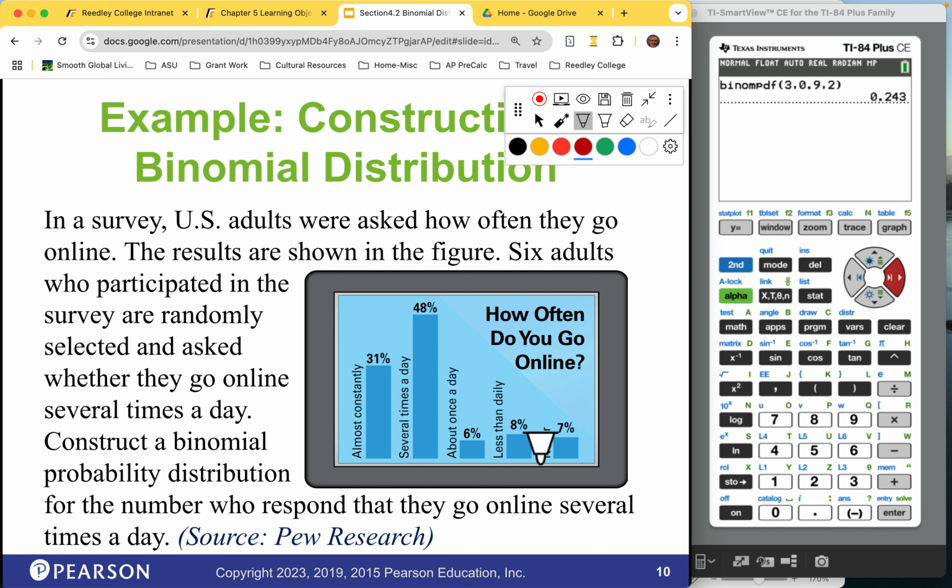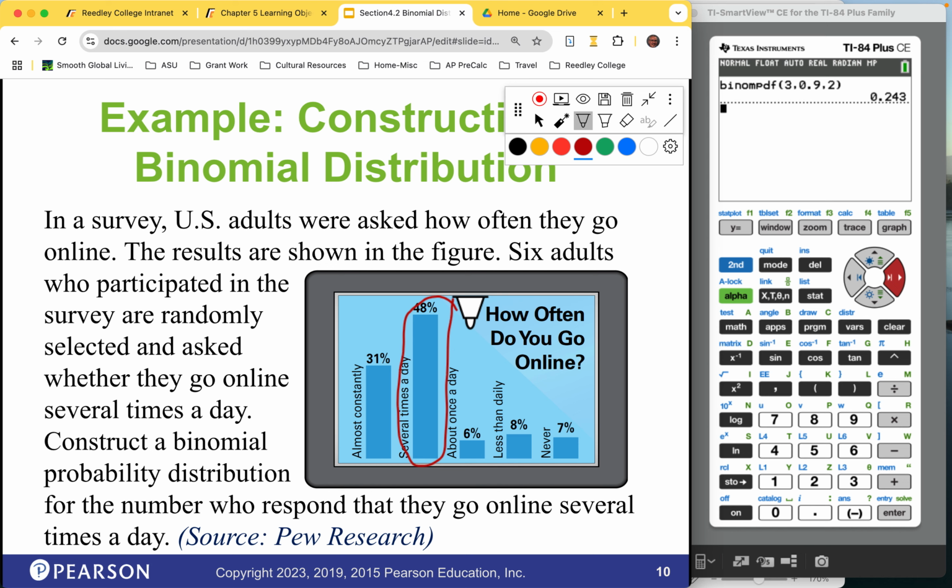I see more than 2, right? But what they say is that 6 adults who participate in the survey are randomly selected, and they are asked whether they go online several times a day. Notice that's one of the answers. So they're going to count this as a success if the person says yes.